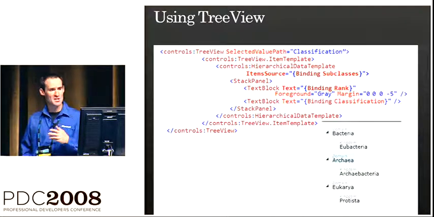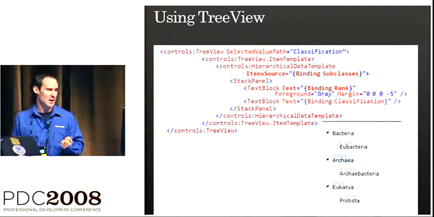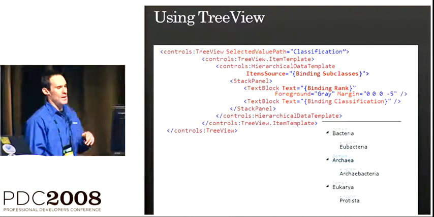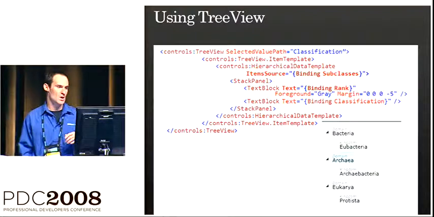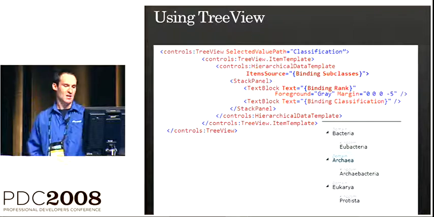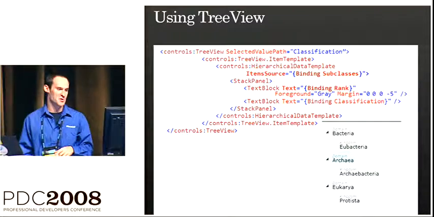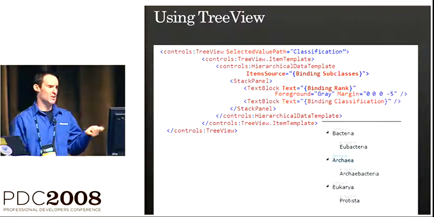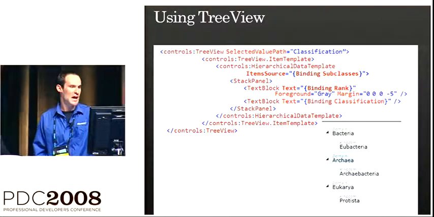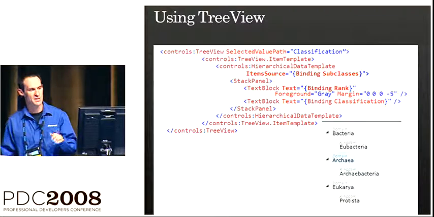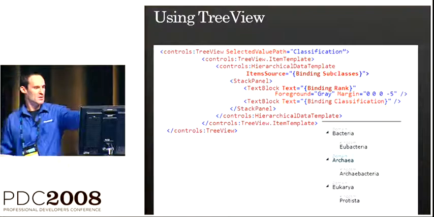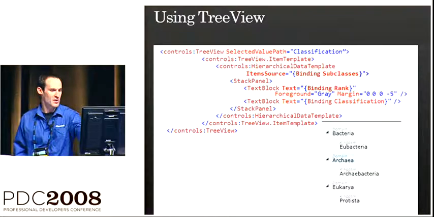I mentioned this syntax for data binding and how the hierarchy works. If I had a tree view, like the one on the lower right, generating this hierarchy of classifications for species, I would connect the tree view to some data, and then you see at the top there's a hierarchical data template. That basically says it's going to output the contents of this template as the contents for each item.